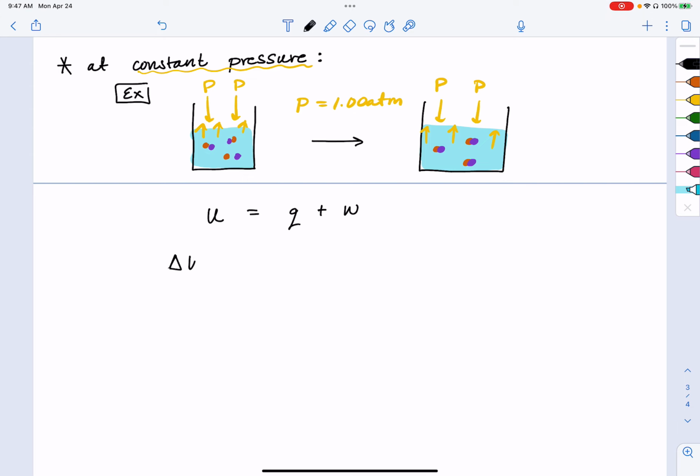In particular, we have said that the heat due to some temperature change, plus the work, in this class has been pressure-volume work. So that's external pressure times change in volume.